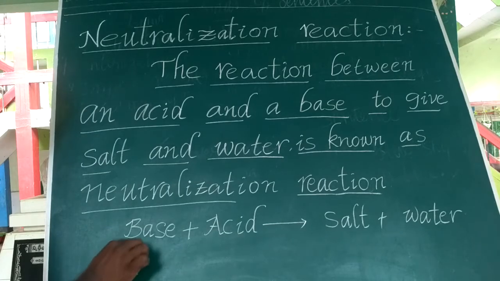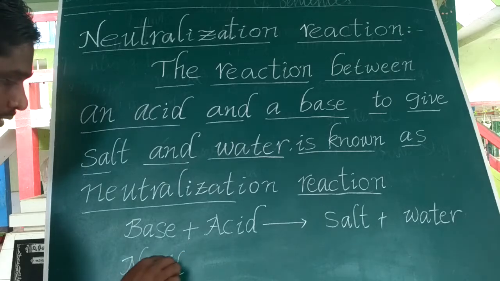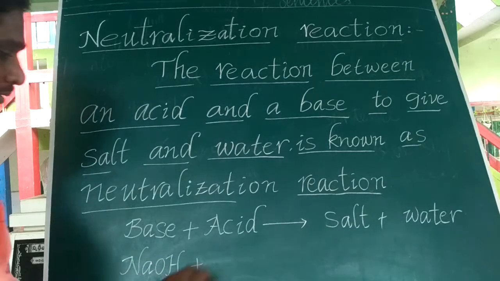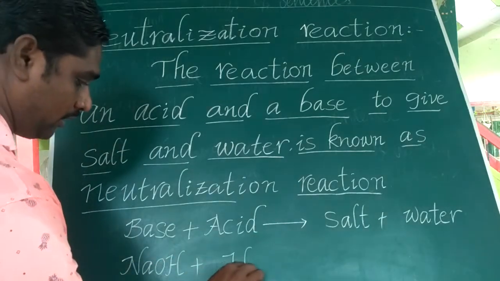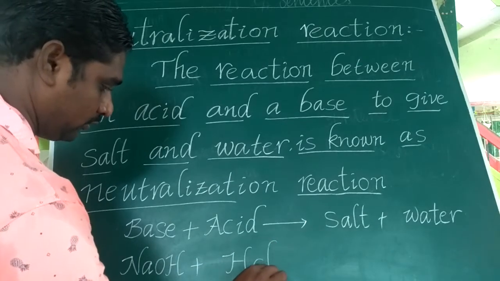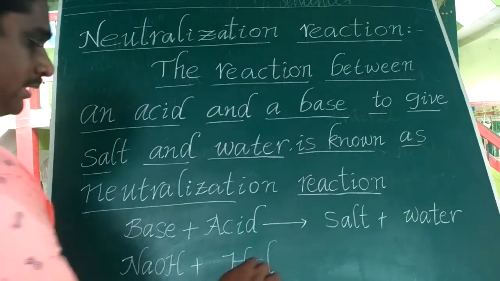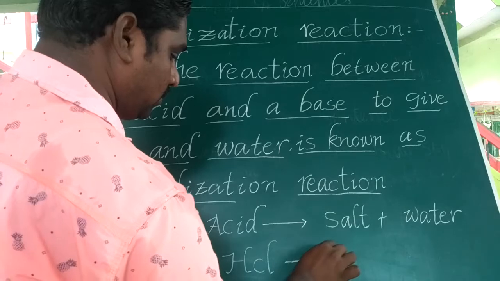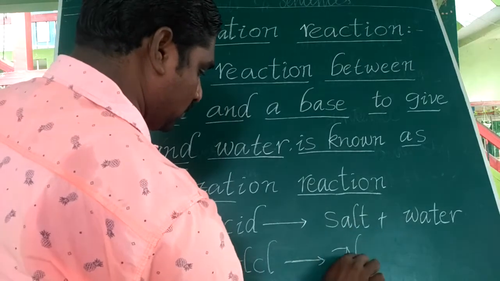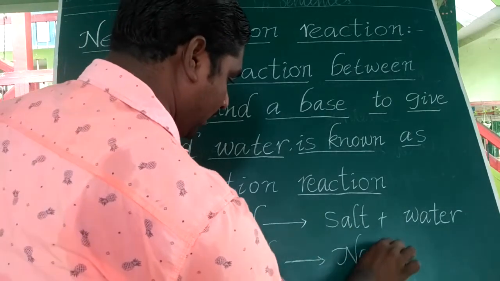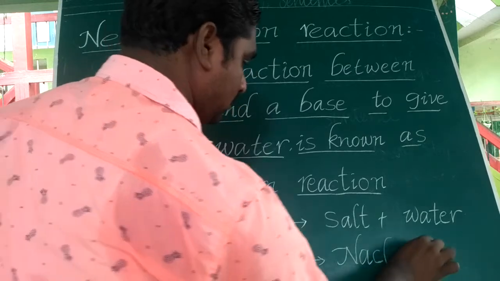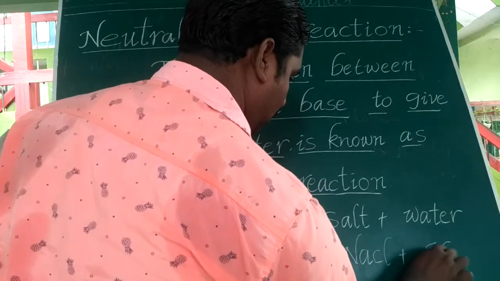Sodium hydroxide, NaOH, plus HCl gives rise to sodium chloride, NaCl, plus H2O, water.